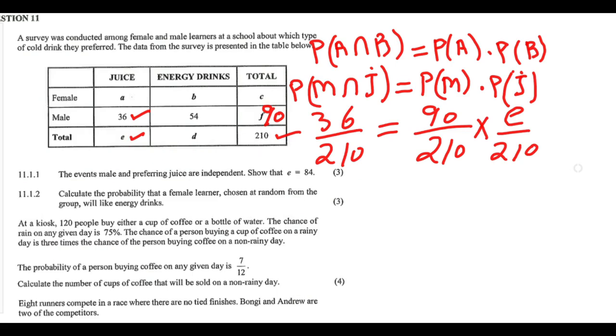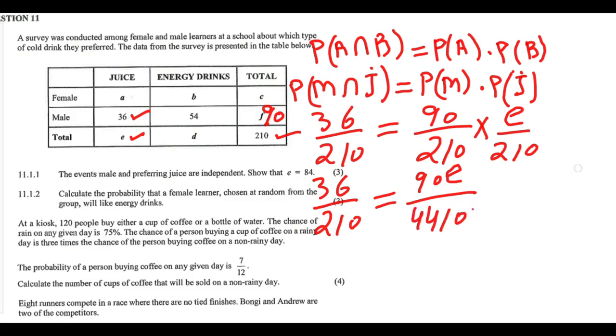Now I'm going to further simplify. This is going to be 36 over 210 is equal to 90E over 210 multiplied by 210. Cross multiply now: 210 times 210 will be 44,100.